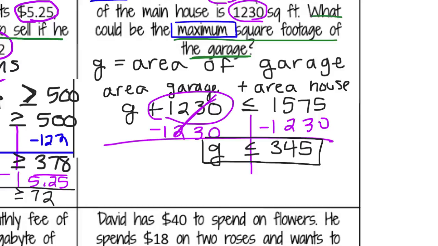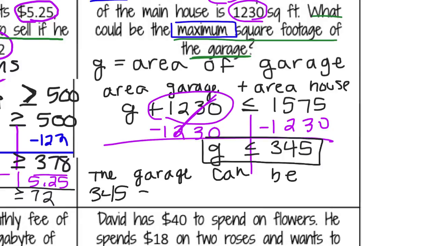So to answer our question, what's the maximum square footage of the garage? The garage can be 345 square feet or smaller.